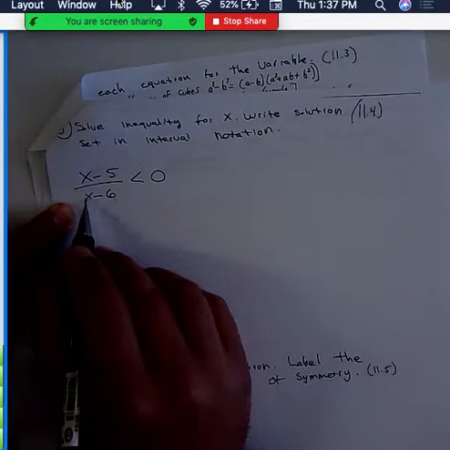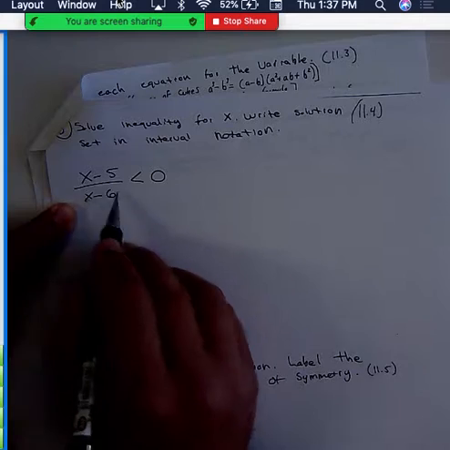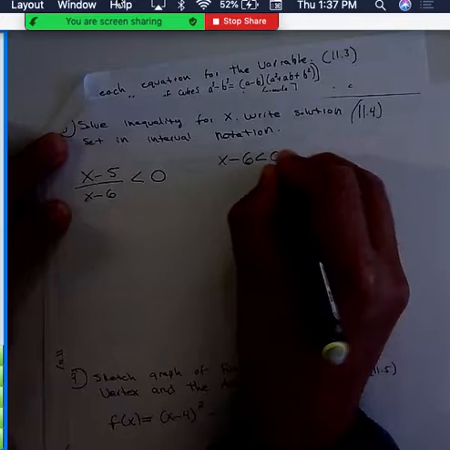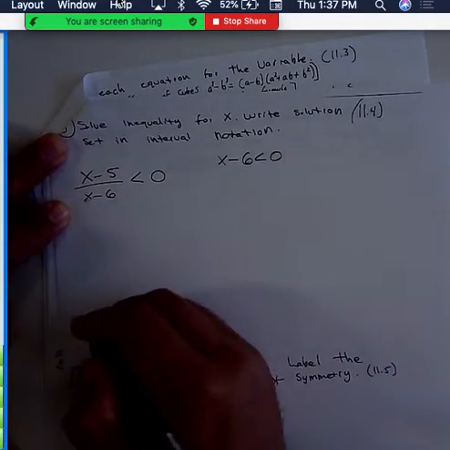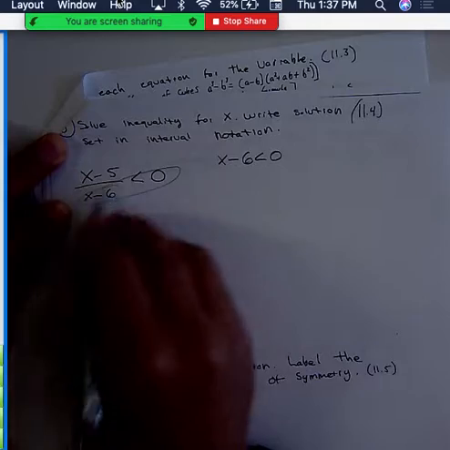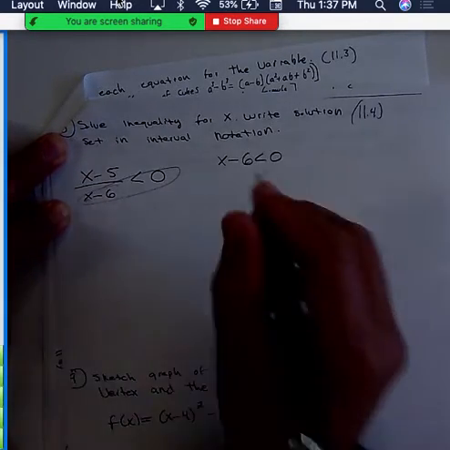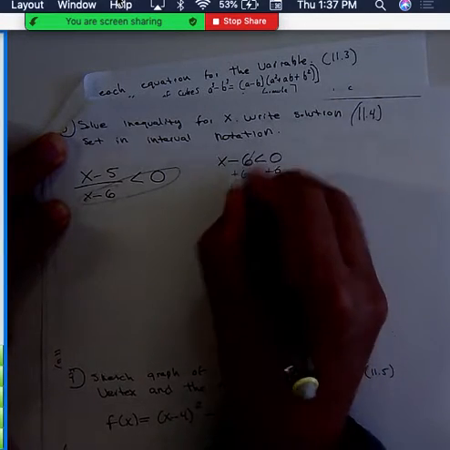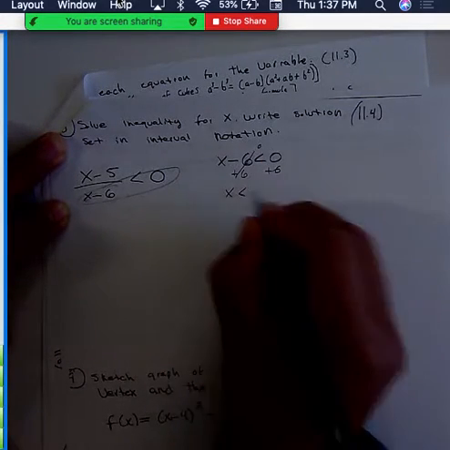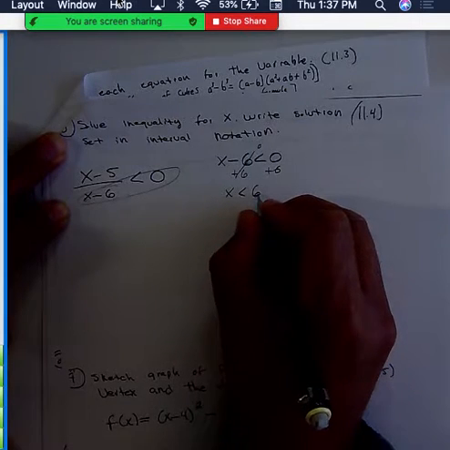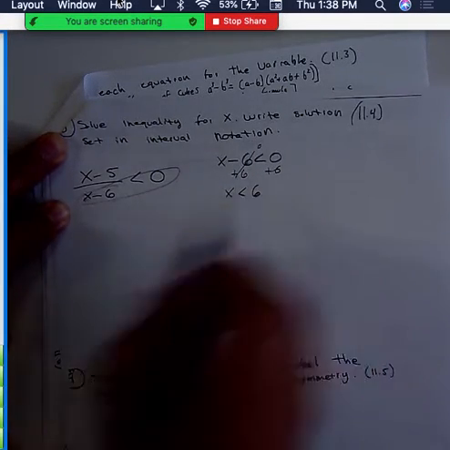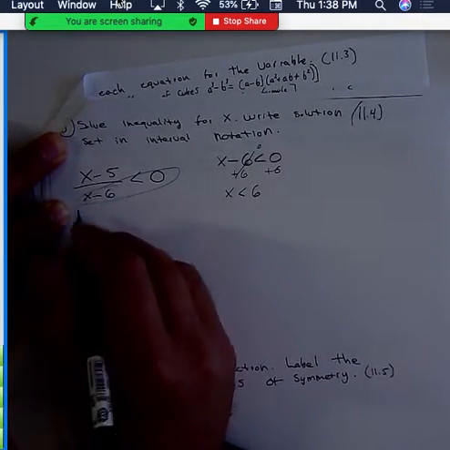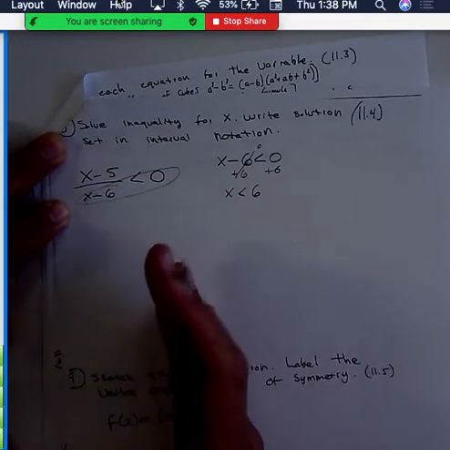If you don't know, you can always put these two together and solve it, and that would tell you what number makes this a zero. So when x is 6, this would become a 0, right? 6 minus 6 would be a 0. So that's one of the numbers that divides the region.